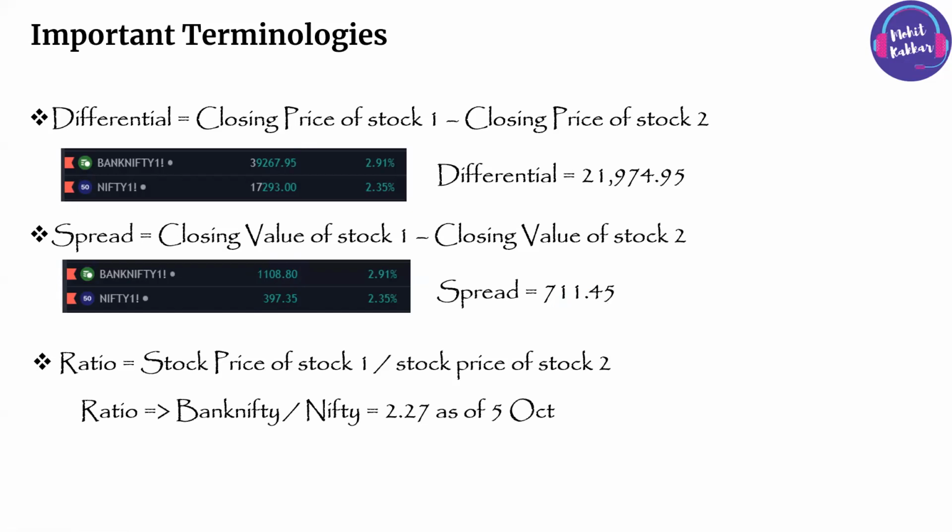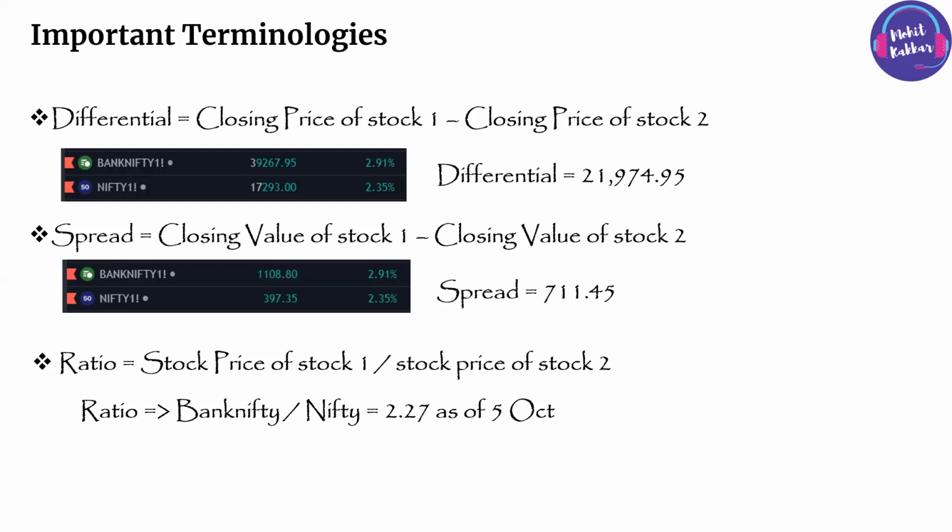Ratio is something where you divide Bank Nifty by Nifty. I'm dividing Bank Nifty by Nifty and not Nifty by Bank Nifty because Bank Nifty has the higher price, higher value. You can do it by Nifty and Bank Nifty as well, but then you will be playing in decimals. All your calculations will vary, and the results out of the calculation will be very near to each other.